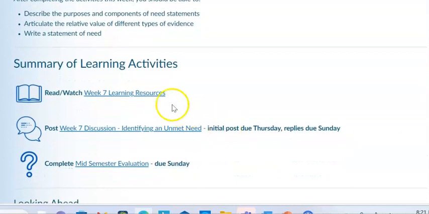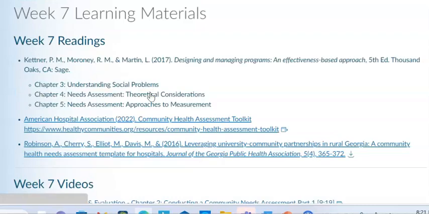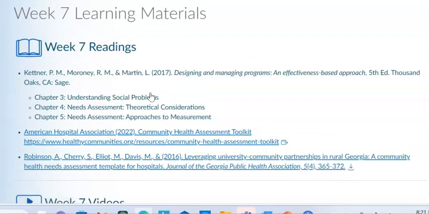So first, let's look at the learning resources for this week. And they are as follows. There are 3 chapters from the Designing and Managing Programs: An Effectiveness-Based Approach text. They are Chapter 3, Understanding Social Problems; Chapter 4, Needs Assessment: Theoretical Considerations; and Chapter 5, Needs Assessment: Approaches to Measurement.